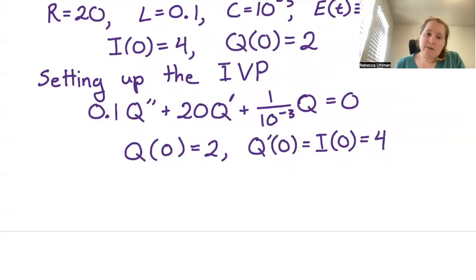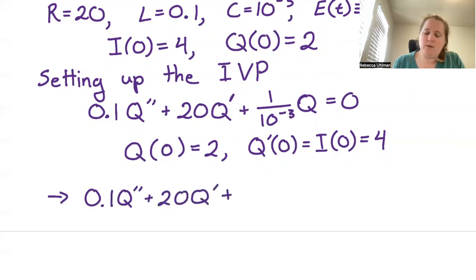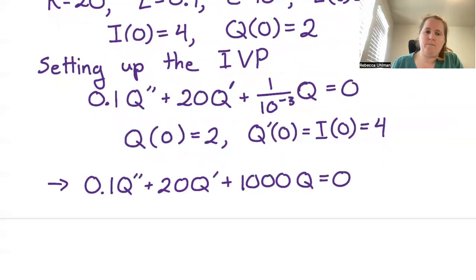We can rearrange this. So this becomes 0.1 times Q double prime plus 20 times Q prime plus 1 over 10 to the negative 3rd, which is just 10 cubed, or 1000, times Q is equal to 0.